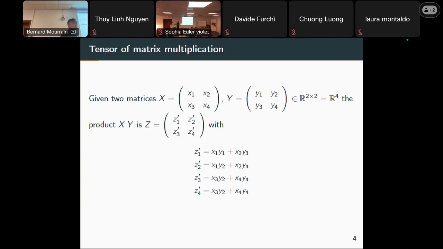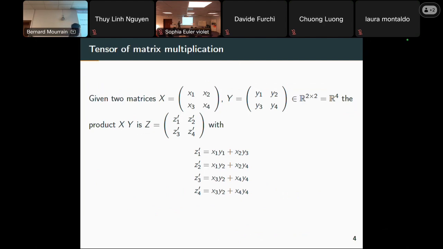So you look at the multiplication of matrices. So here we have 2 by 2 matrices, X and Y, and we compute the product by the simple relation. So Z, the product, is Z'1, Z'2, with this formula. Nothing complicated.